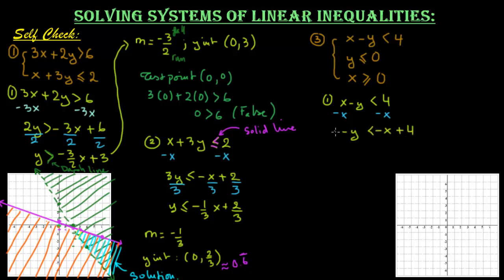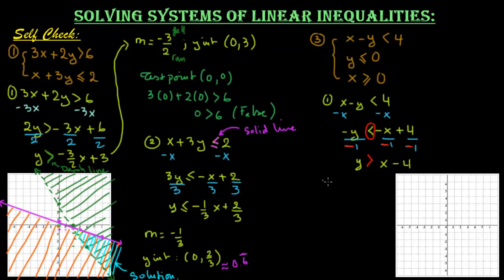Then to get rid of the negative, you can either divide or multiply both sides by negative 1. But keep in mind that any time you divide or multiply by a negative number, we have to flip the inequality sign to the opposite one. Then we will have y greater than x minus 4.